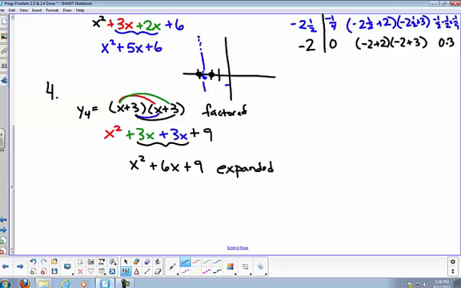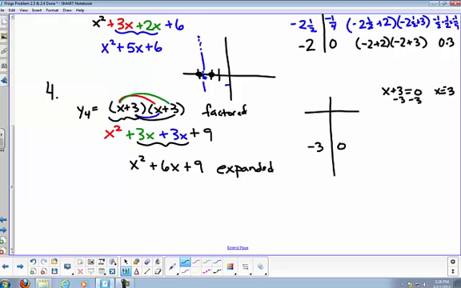So we gotta make a table, figure out our two zeros. What makes x plus 3 equal to 0? That would be at negative 3. So negative 3 is going to give us 0.